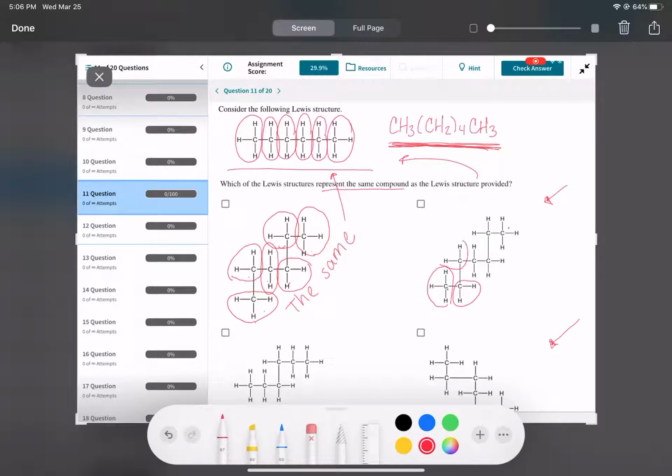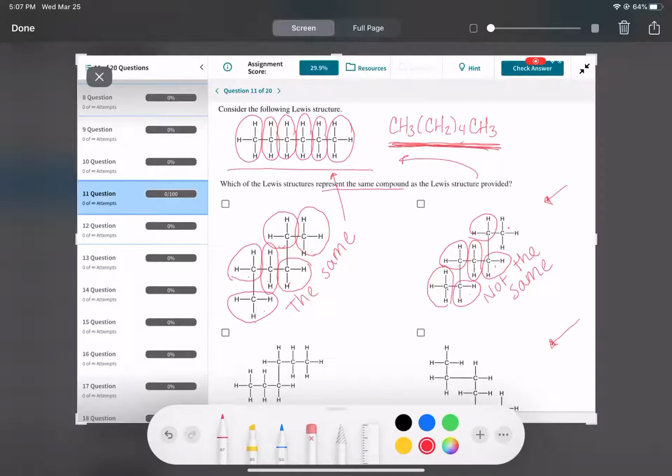Next is a CH3, or sorry, that's a CH2, followed by another CH2, and then there's another CH2. Here's one more CH2. Uh-oh, that was too many. 1, 2, 3, 4, 5. That's too many CH2s. Our original molecule only has 4 CH2s. This one has 5 CH2s. This one's not the same. It's different. It's got too many CH2 groups.